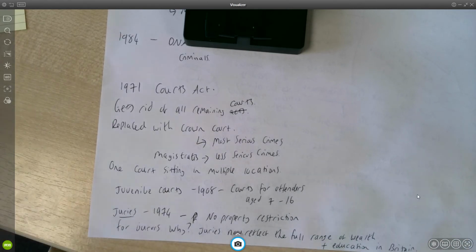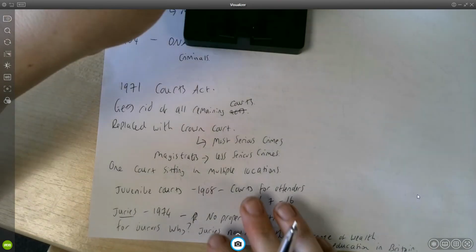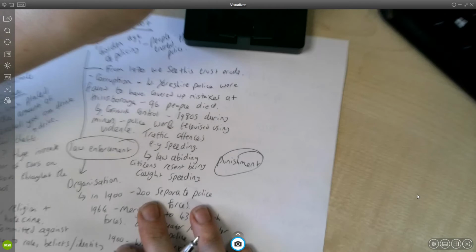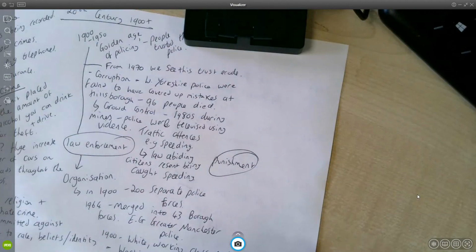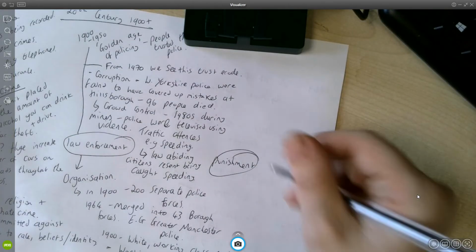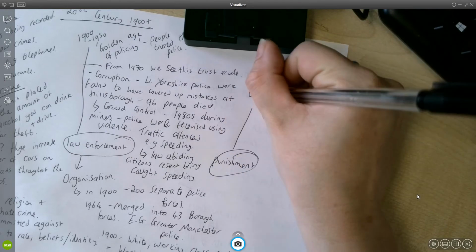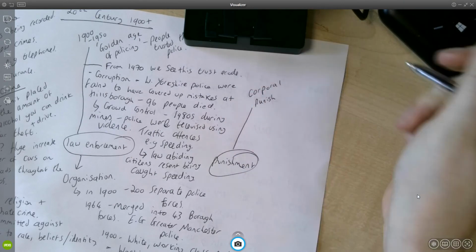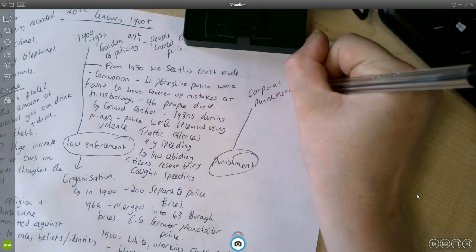So the last little bit that we need to do is punishments. Again, a couple of big changes in this time period. So we've got changes to corporal punishment, which is pain, things like whipping.